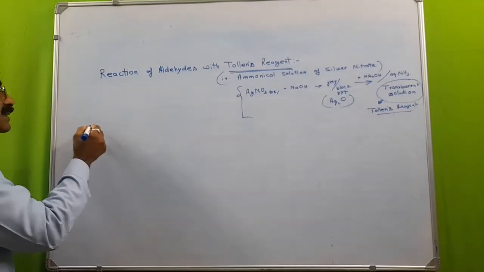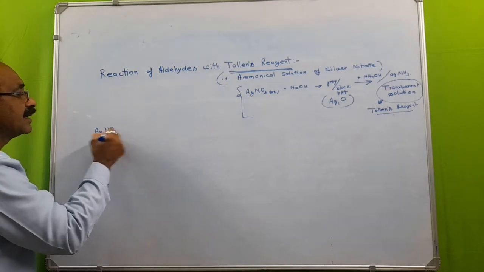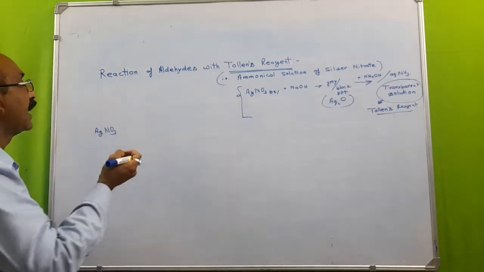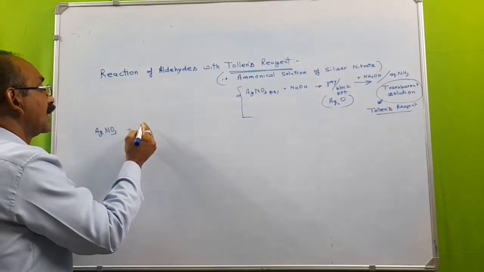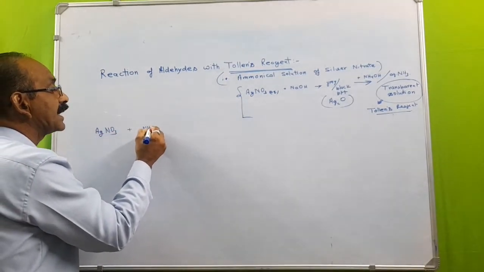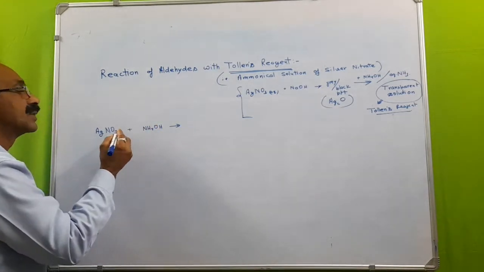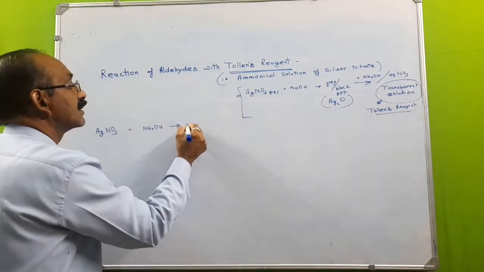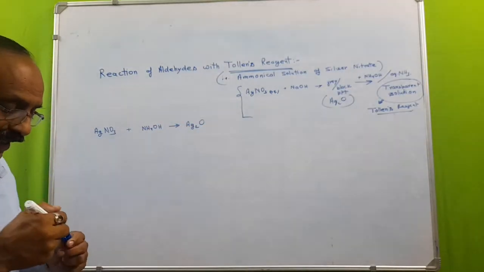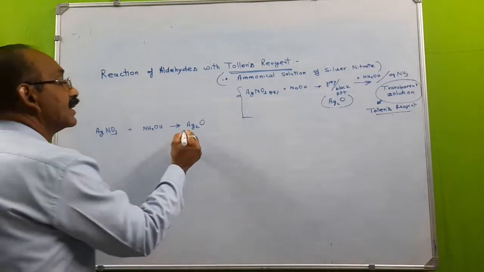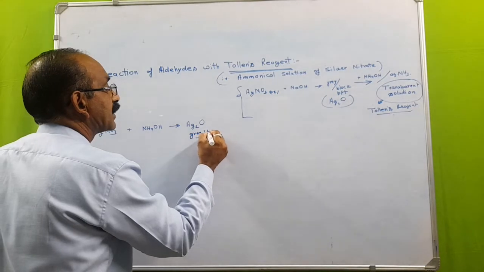See what happens here. Silver nitrate solution was taken, and this silver nitrate solution reacts with an alkali or NH4OH, and as a result here we will get silver oxide, and this will produce a gray precipitate.